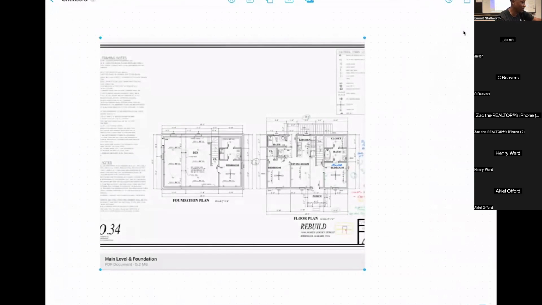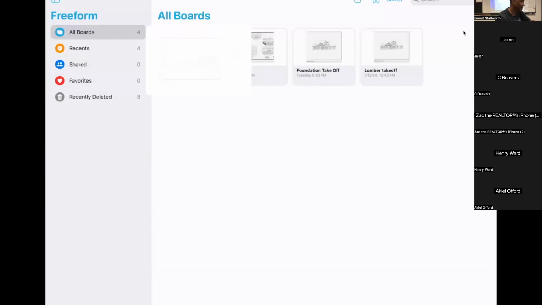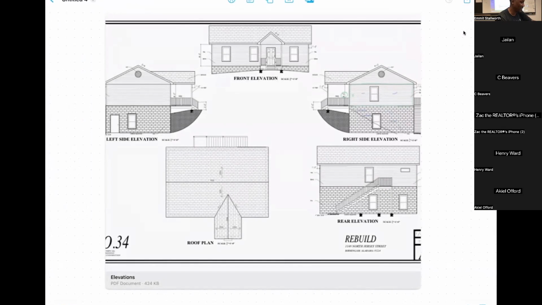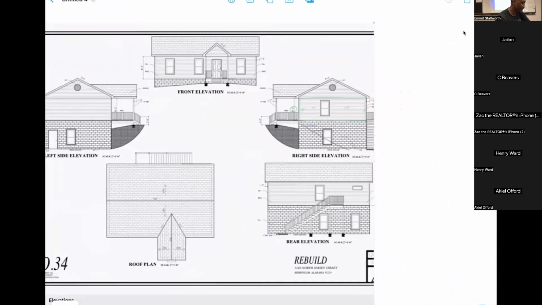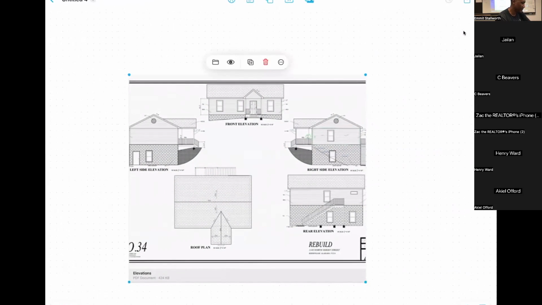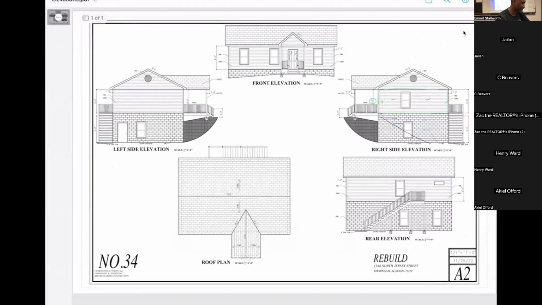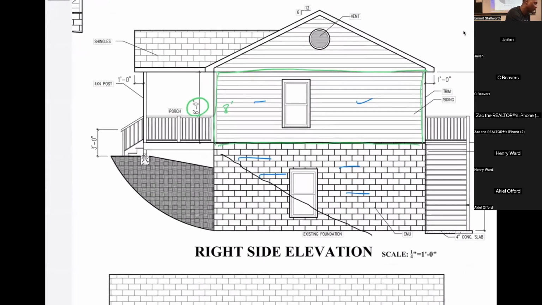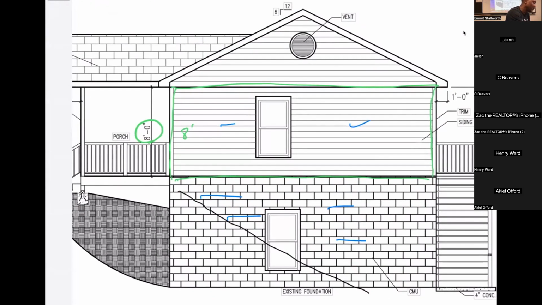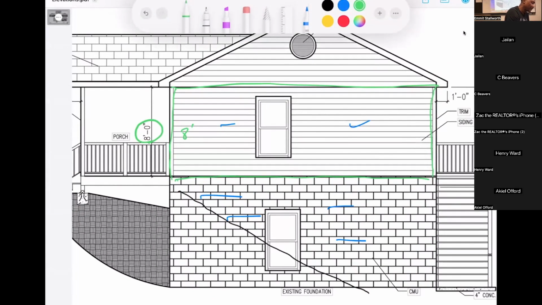So if I was doing vinyl siding on this particular guy right here, is this clear? Yeah. So what I would do, this is the short side, so what is that, 24?